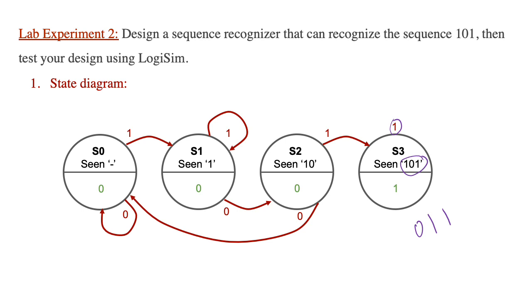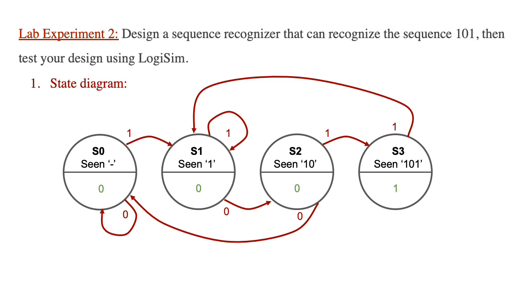No. What about 0 1 1? No. What about just 1 1? We don't have it. Finally, what about seen 1? We can tell that it is state 1. So if we are in state 3 and we receive a 1, that means we're going to go to state 1.